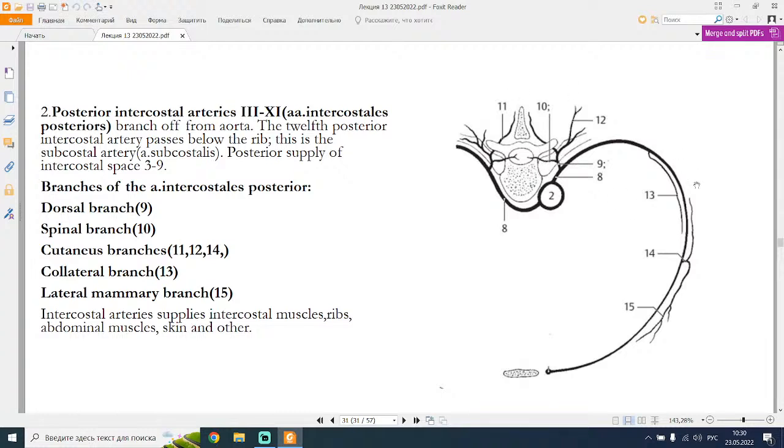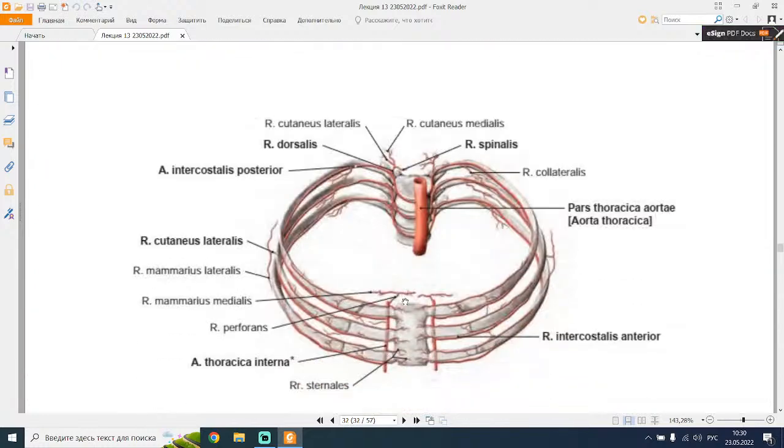Intercostal artery supplies intercostal muscles, ribs, abdominal muscles, skin, and other. What you see in the picture: pars thoracica aorta, and arteria intercostalis posterior.